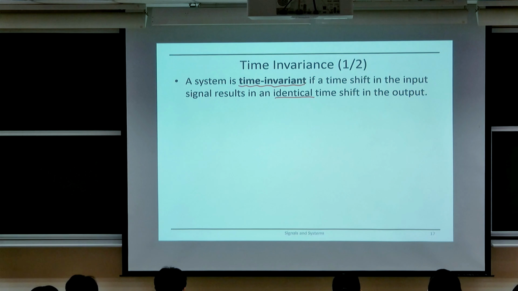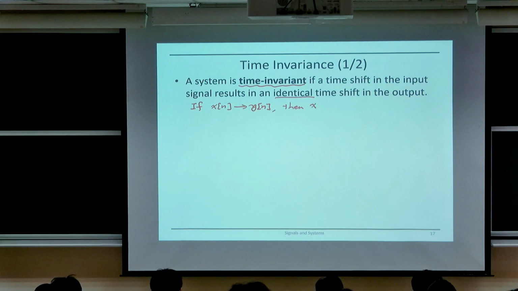So if you put this statement into mathematical terms, this is saying that if you have an input x[n] that produces an output y[n], then if you delay the input by some time, let's say n naught, then the output will be delayed by the same time n naught.